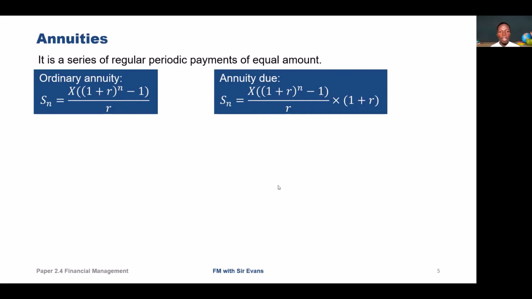So you realize that for annuity due, we have 1 plus R, which is introduced at the end of the formula. So our SN is the final cash flow at the end of the loan. Our X is the annual investment. Our R is the period interest rate, and our N is the number of periods.